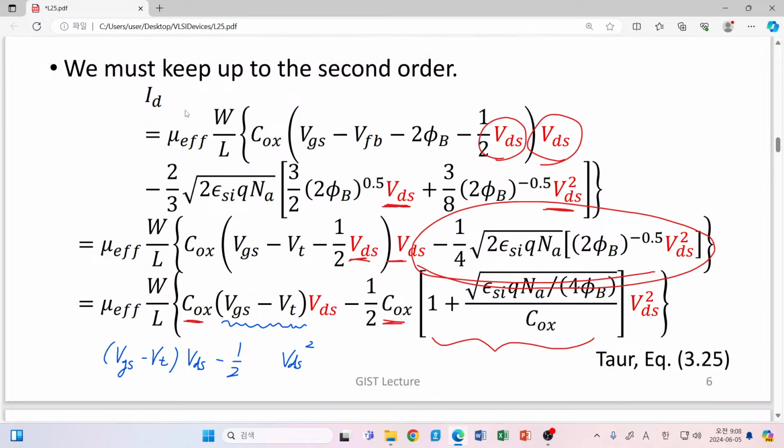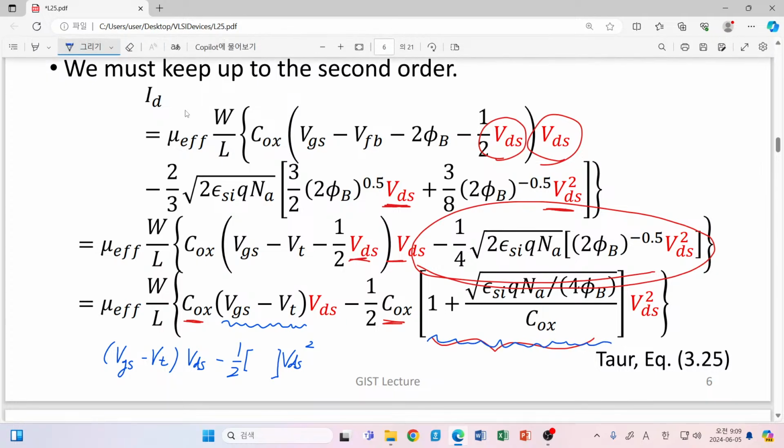But please have a look at this expression, equation 3.25. Can you identify this term as this blue one? Actually, it is a little bit difficult because in front of our second order term VDS, here we have a term with a square bracket, and it is having the form of 1 plus something.